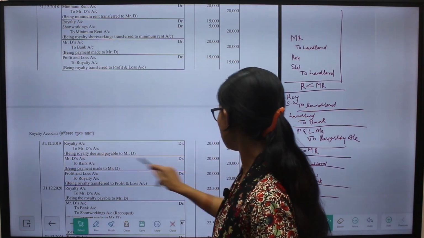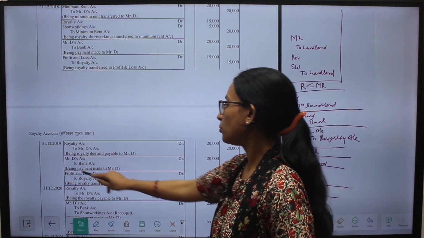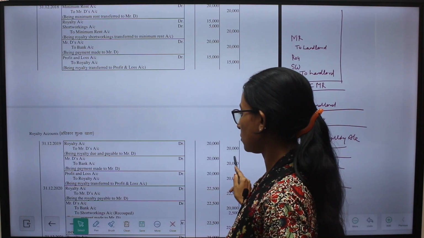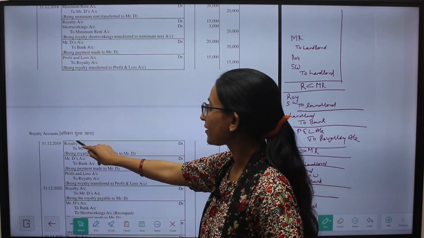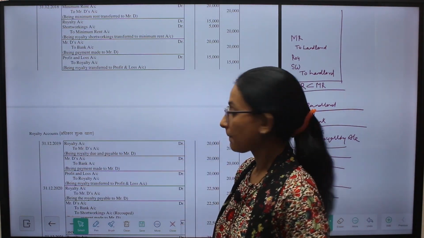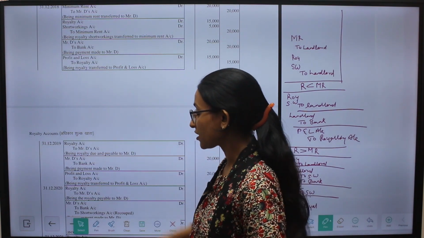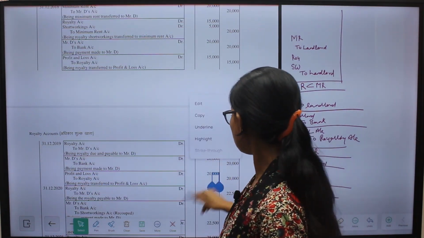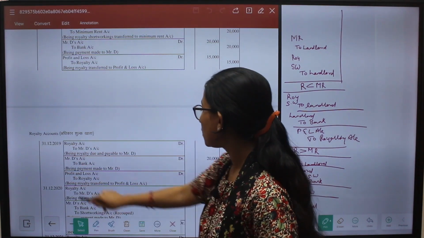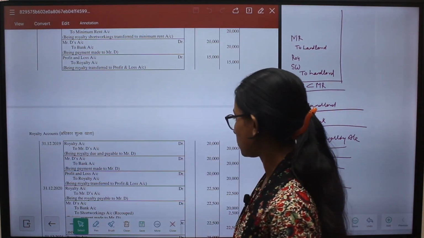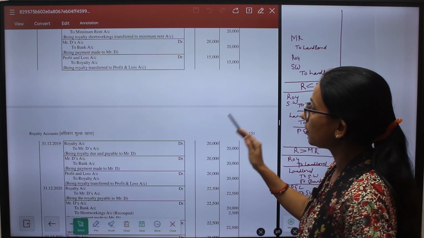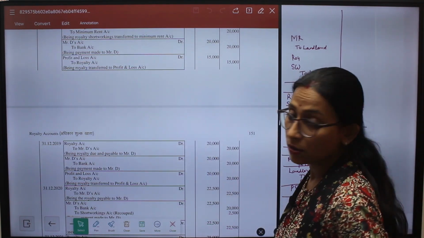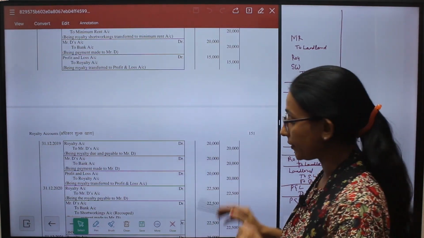Mr. D account debit with 20,000 to bank account 20,000. Then this royalty amount will be transferred to profit and loss account. Profit and loss account debit with 20,000 to royalty account 20,000. This is the third situation where royalty is equal to minimum rent.